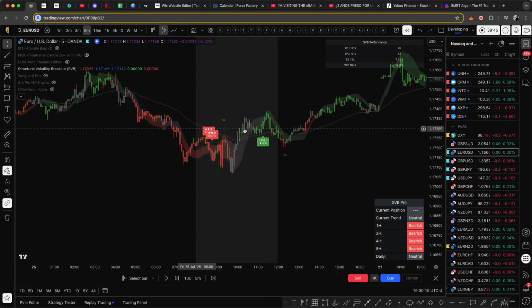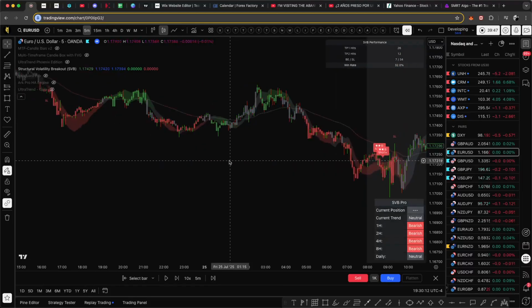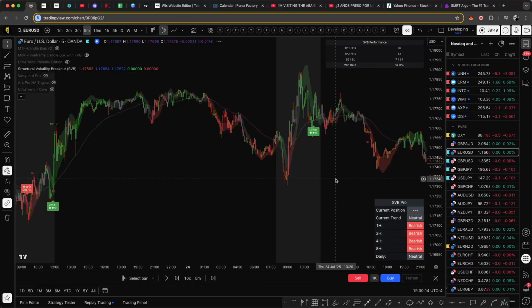So, pretty choppy day. This would have been 3 losses right there. Pretty bad. So this is showing you, if you stick to only one pair, or again, take a look at this and make the decision: do I want to enter today based on what I'm seeing, the conditions of the market? For example, another thing that you can use, I would not want to trade anything below 40%.